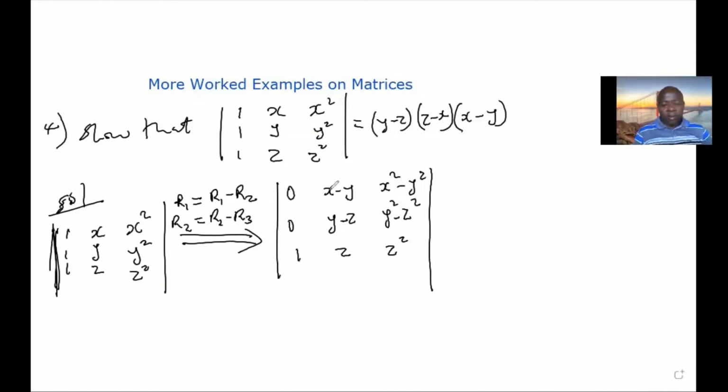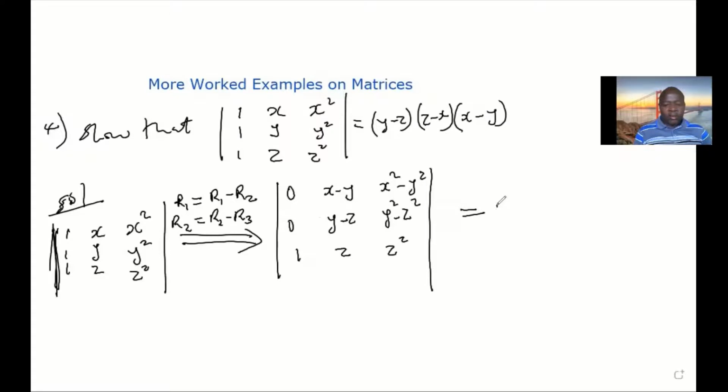Now we can find the determinant along this column. Remember the signs are positive, negative, positive.